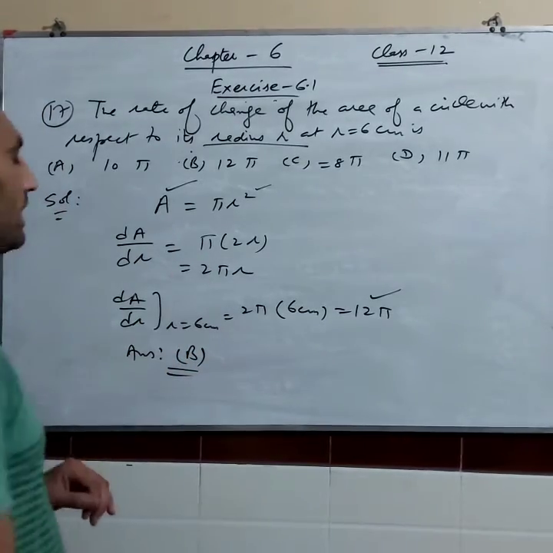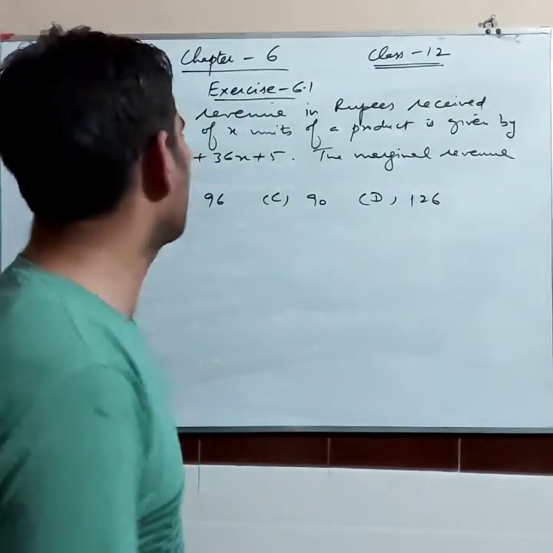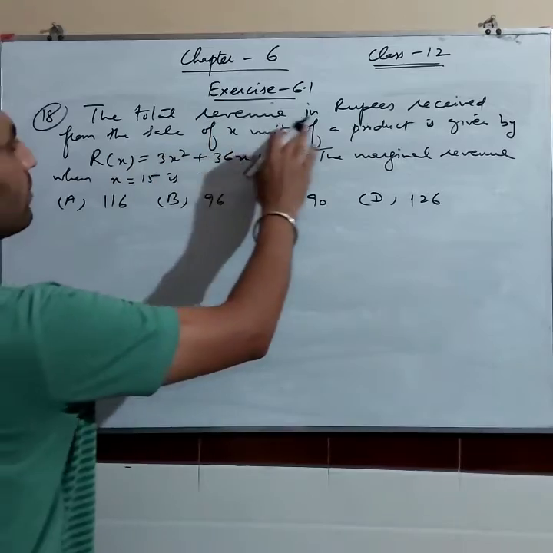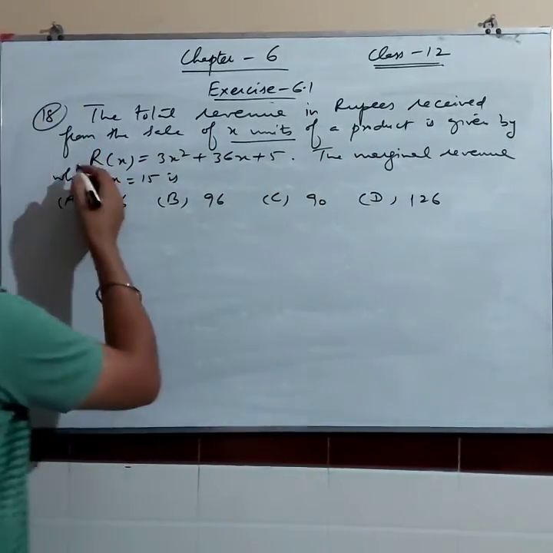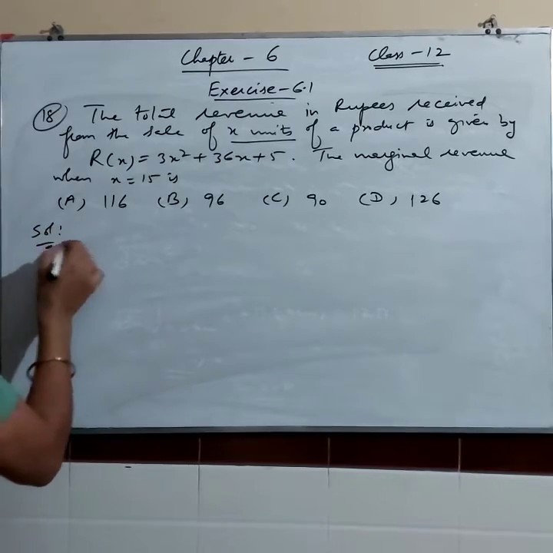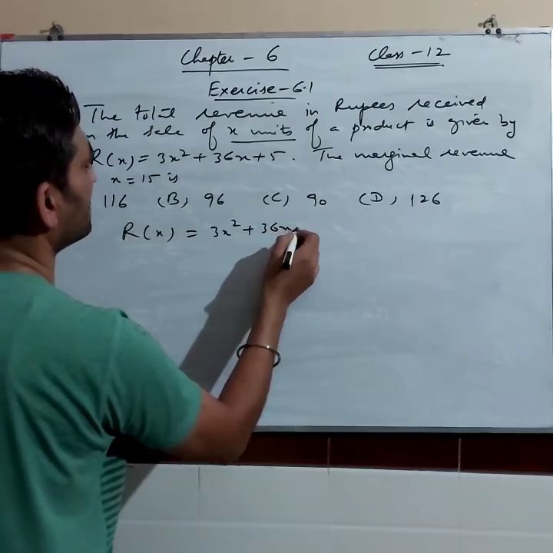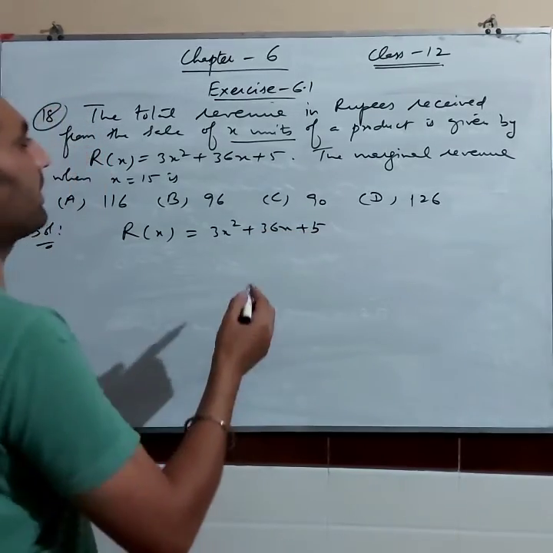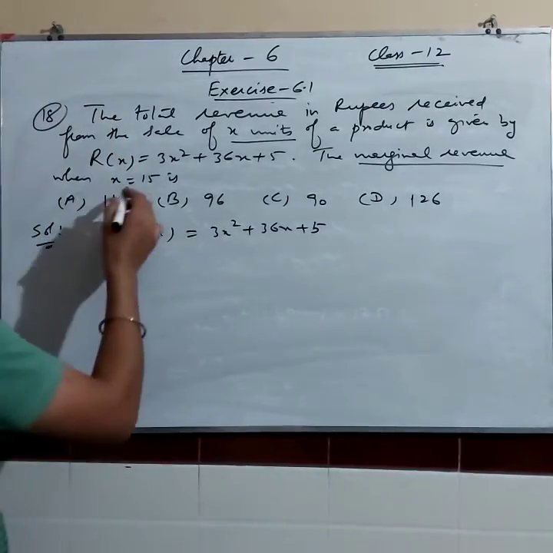So only one question is left. See what is given in question number 18. Here is our last question number 18. The total revenue in rupees received from the sale of x units of a product is given by this. R(x) is 3x square plus 36x plus 5. They have asked for the marginal revenue when x equal to 15.